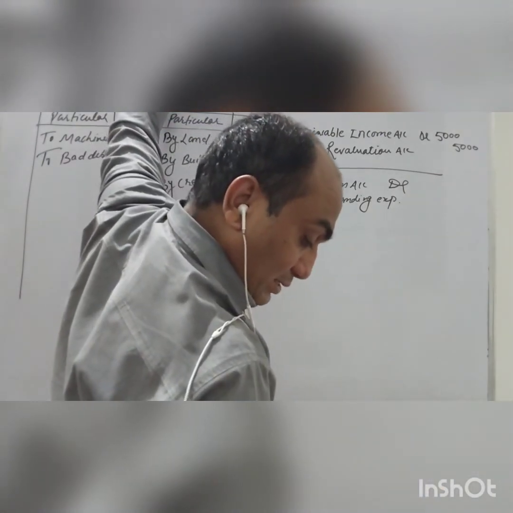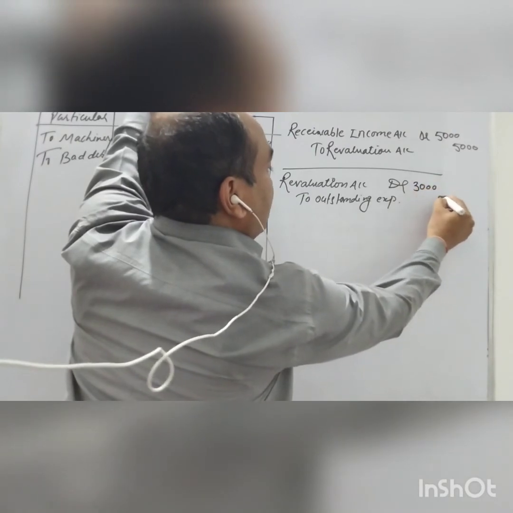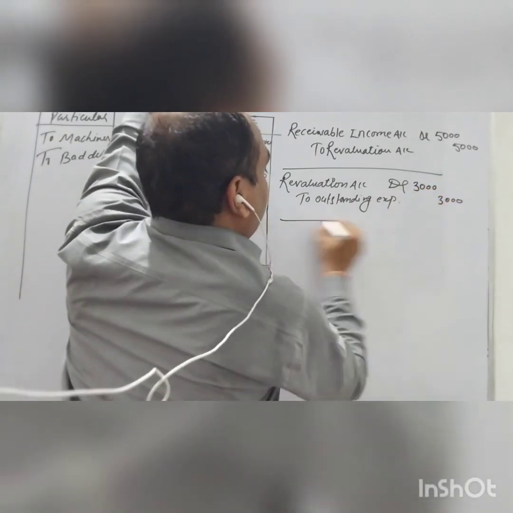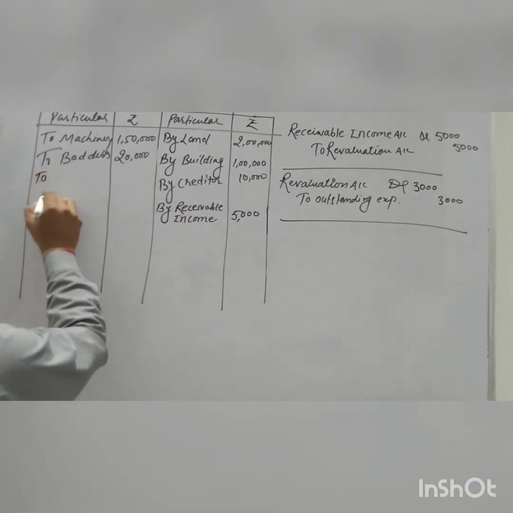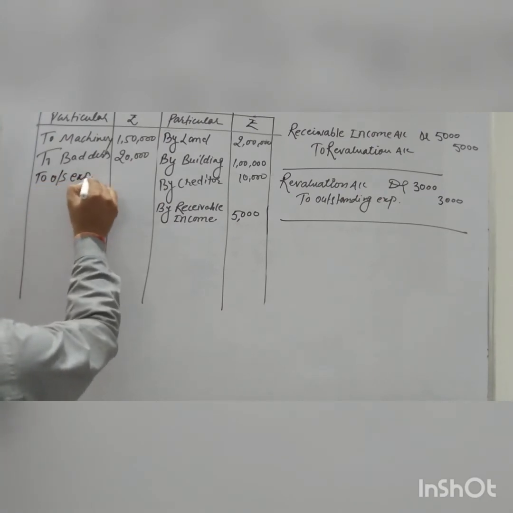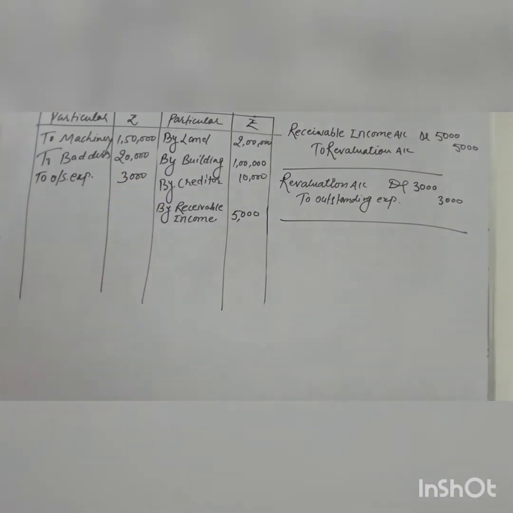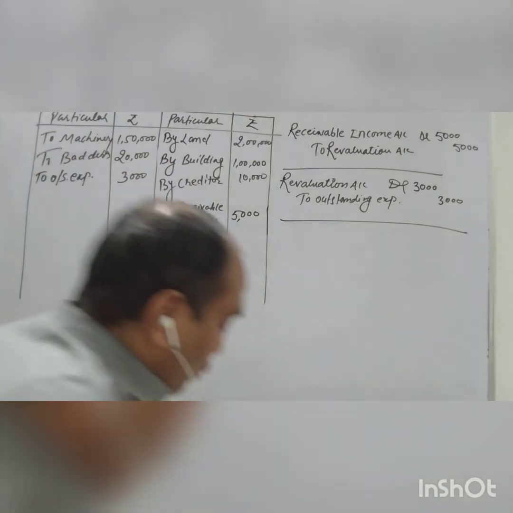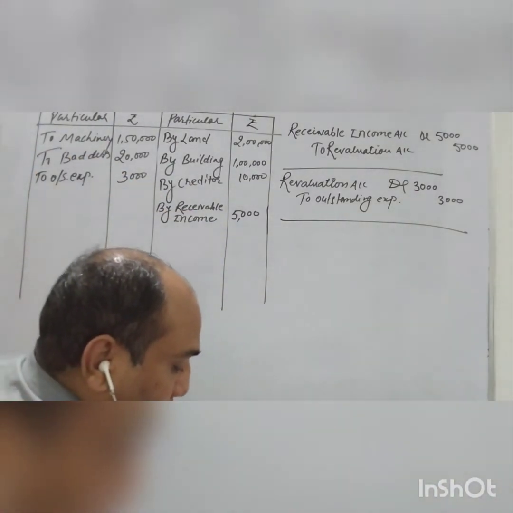How much is this? 3,000. Now you can see the revaluation position is debit side, so it will come here to outstanding expenses rupees 3,000. Okay.